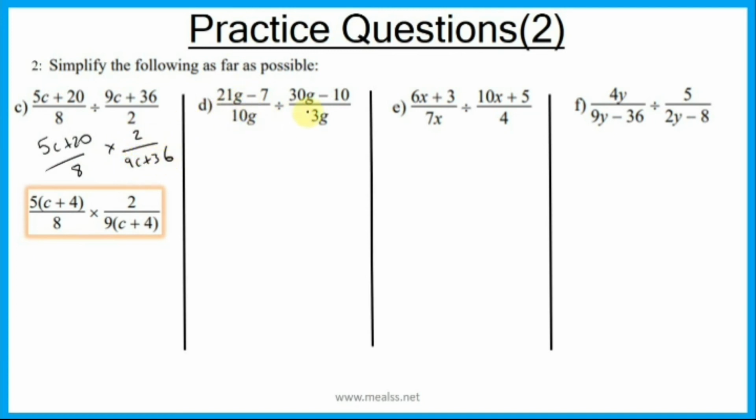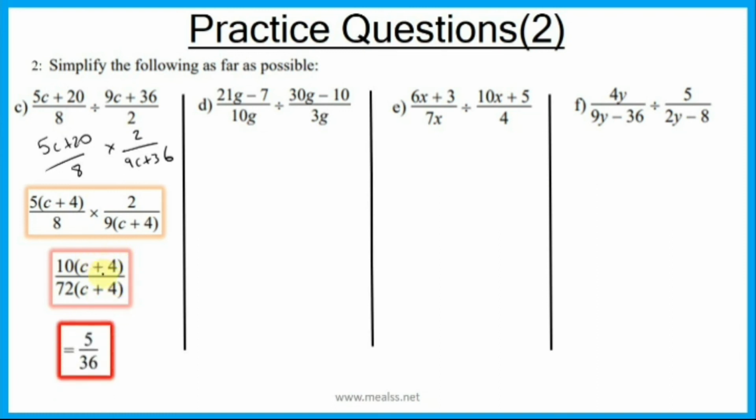And the same rule would apply for the other examples as well. Once you've done that, then you can factorize 5c plus 20 and 9c plus 36, and then after that you can multiply straight across. As you can see, the thing in the brackets is the same as on the numerator and the denominator, and finally once you simplify you should get a final answer of 5 over 36.